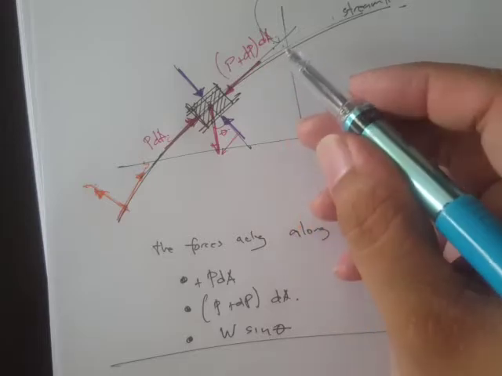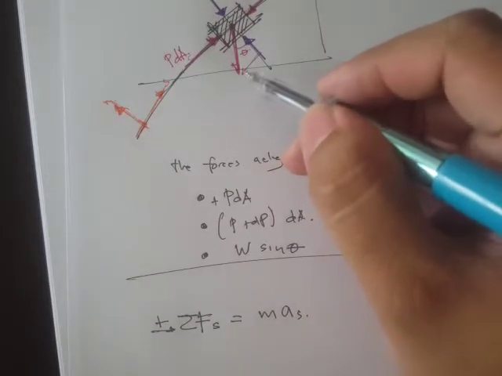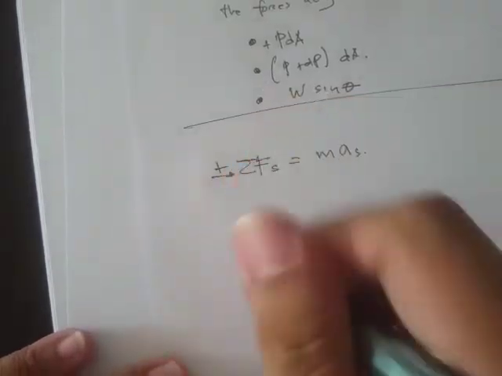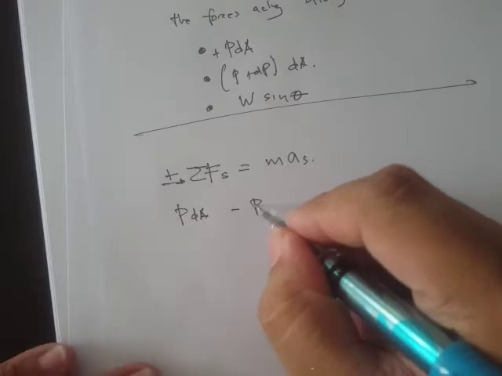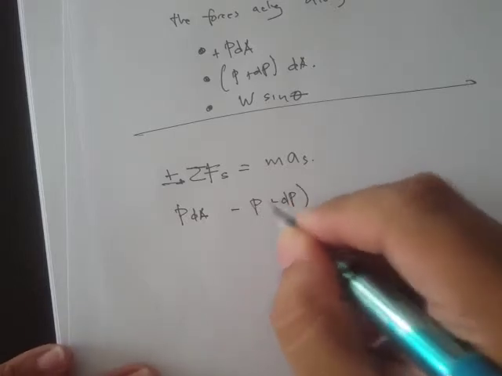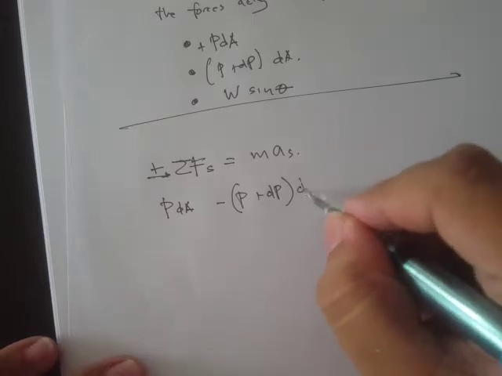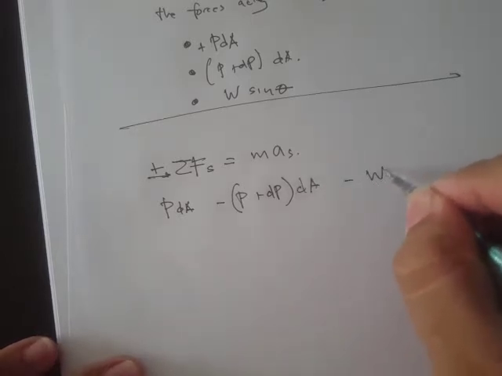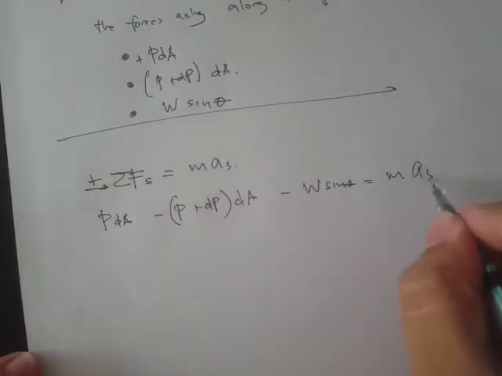This pressure acting at the right side, that's negative, and the weight is also negative. Okay, so if we write that down, we have P dA minus P plus the differential pressure, should there be any, times dA, minus the weight sine theta is equal to m a_s.